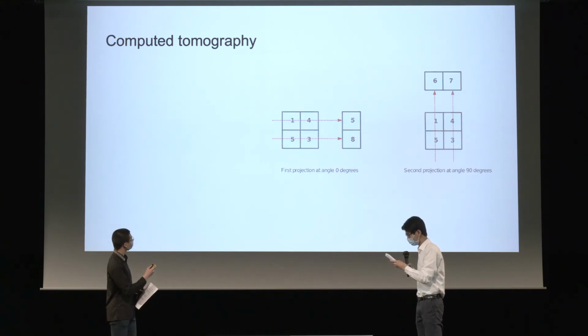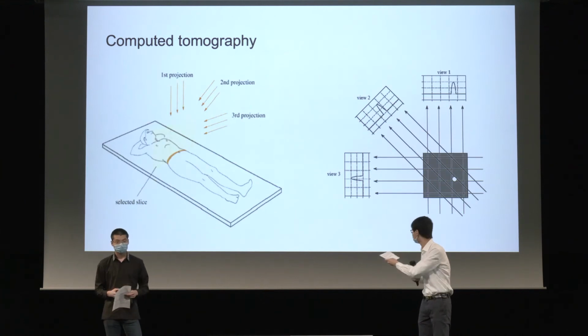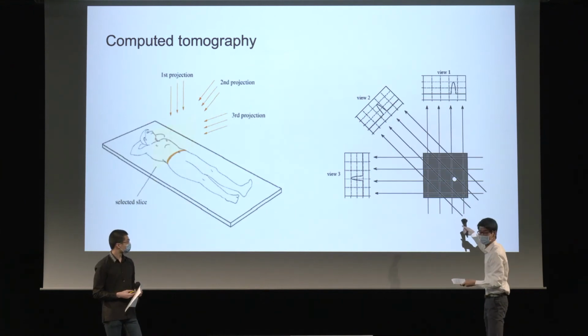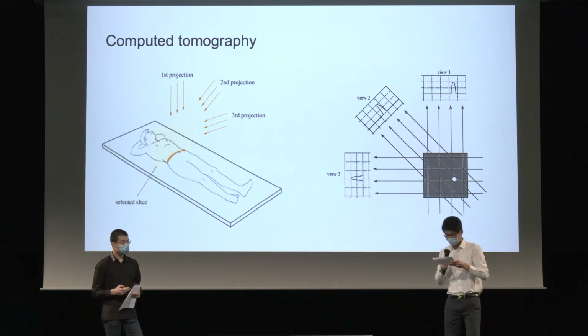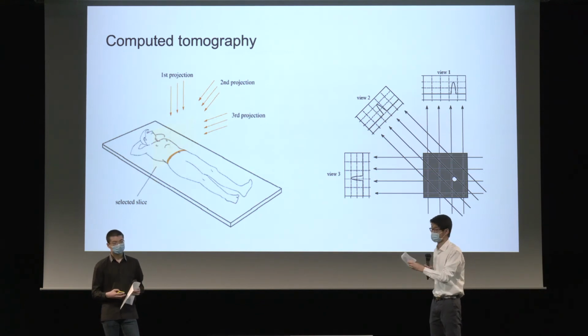So if we were actually scanning a tumor in the body, such as it's represented by the white dot in this image, the direct application of Fourier transform, as I explained in the previous slide, actually doesn't present the whole picture due to its limited number of projection angles.